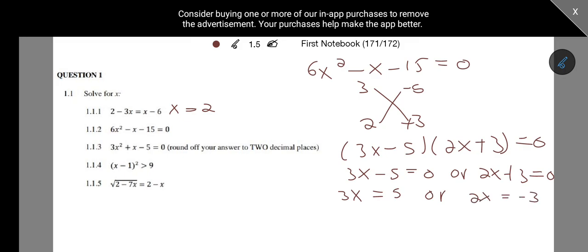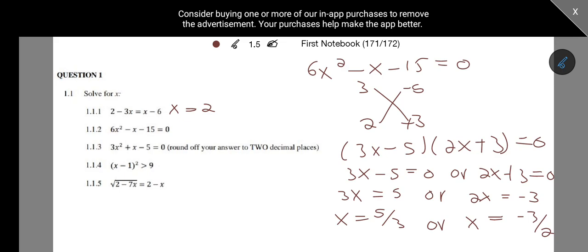So dividing both sides by 3, x is equal to 5 over 3, and this side we must say or, don't say and, say or, right? Therefore this side we divide both sides by 2, and our answer is negative 3 over 2. And that is all for this problem.